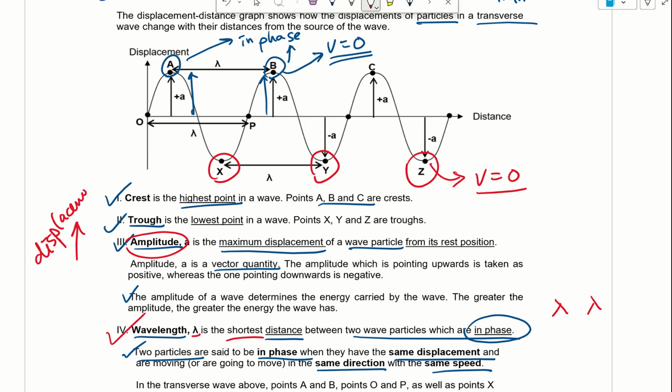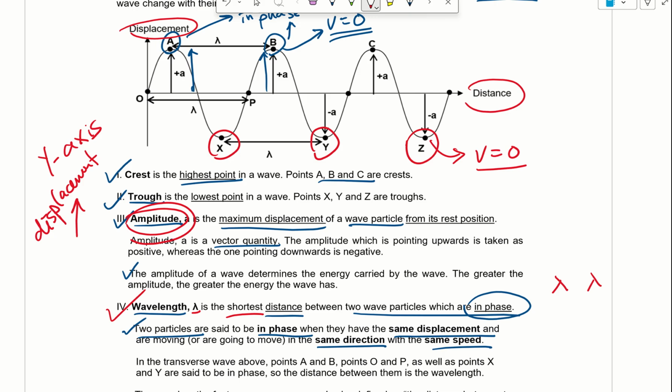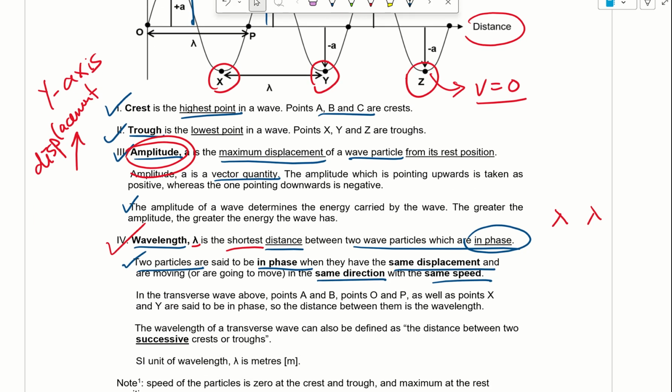So for a DD graph, displacement distance graph, the y-axis, displacement, is for us to find out the amplitude. So since we have already used the y-axis to look for the amplitude, now we focus on the x-axis, which is the horizontal distance, which can actually tell us the wavelength.